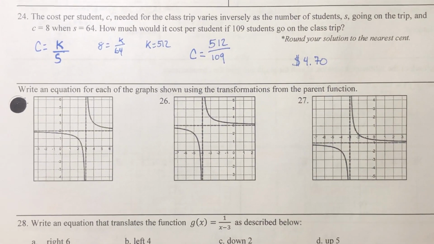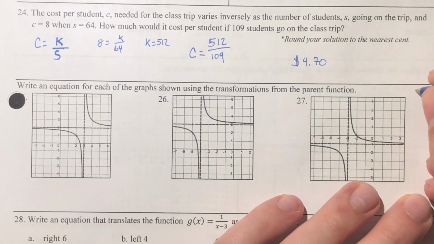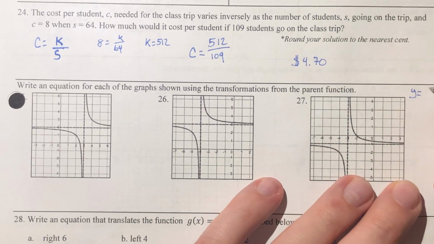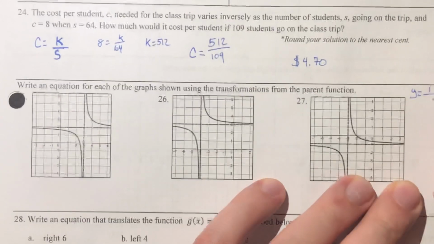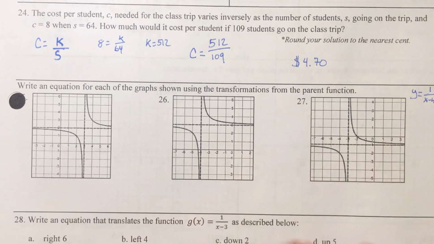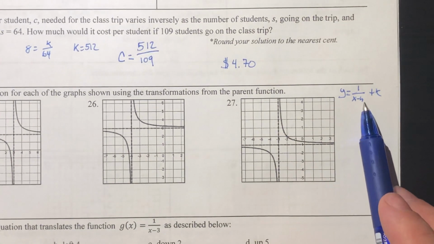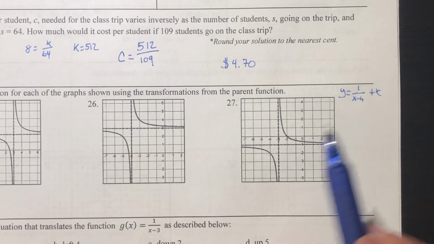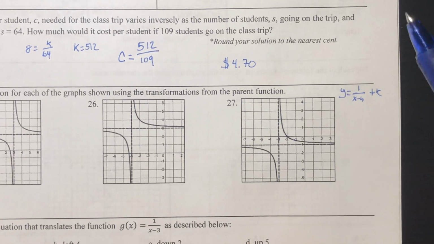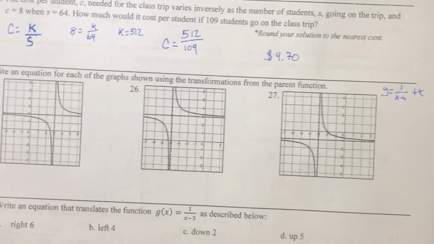So to write the equation from transformations, our transformation is y equals 1 over x minus h plus k, where h is how it moved left and right, and k is how it moved up and down. And what moves are the asymptotes.